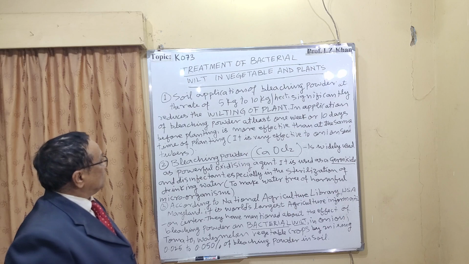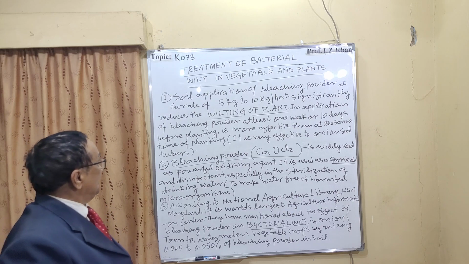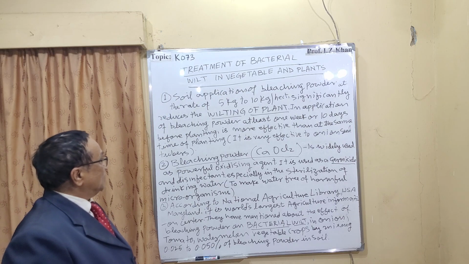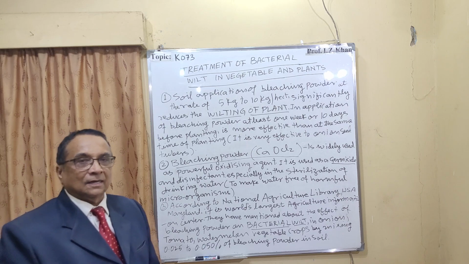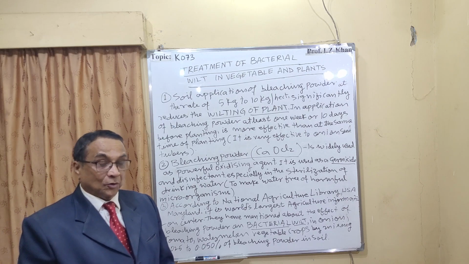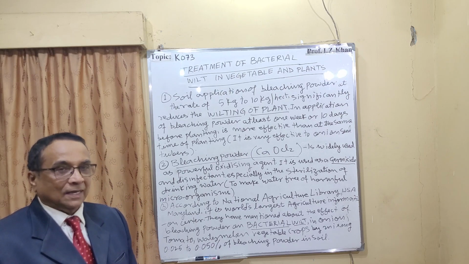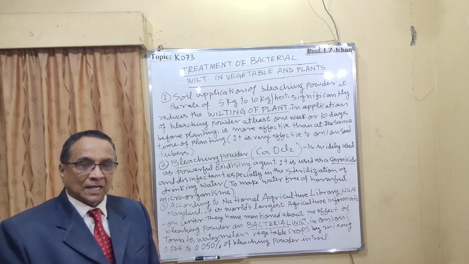Application of bleaching powder at least 1 week or 10 days before planting is more effective than at the same time of planting. I have already told you that some few days before plantation of the crop, you should apply it in wet land, not dry, and mix it thoroughly.